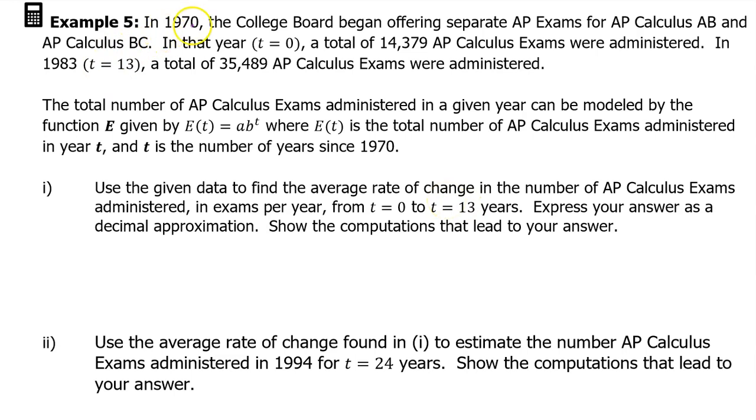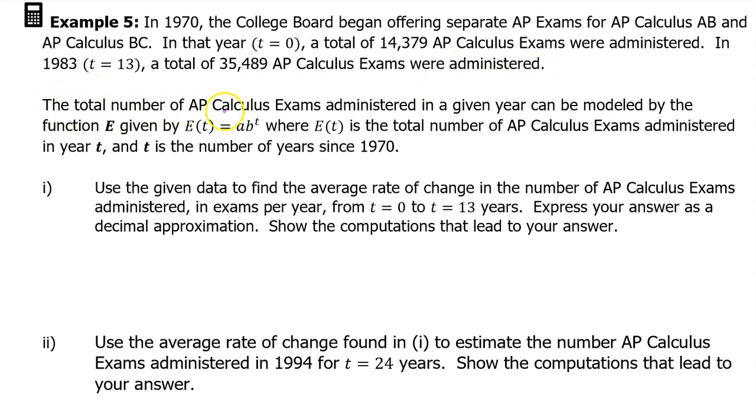Example 5. In 1970, the College Board began offering separate AP exams for AP Calculus AB and AP Calculus BC. In that year, t equals 0, a total of 14,379 AP Calculus exams were administered. In 1983, t equals 13, a total of 35,489 AP Calculus exams were administered.